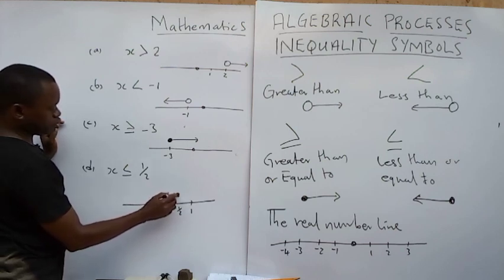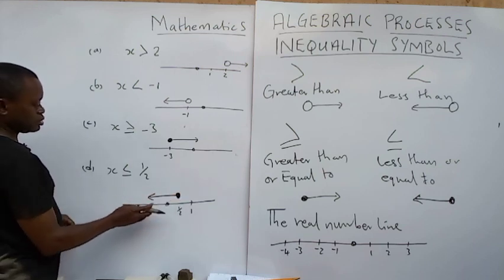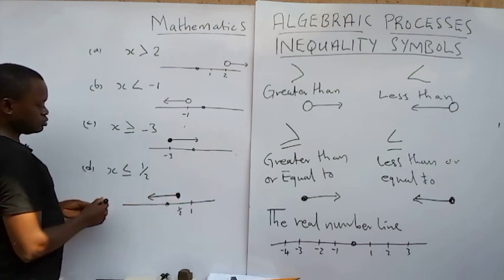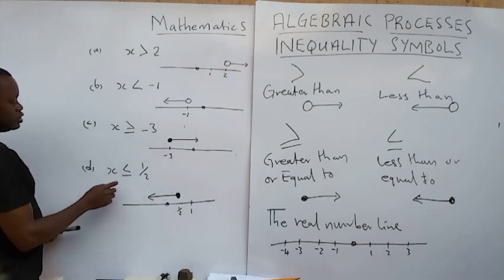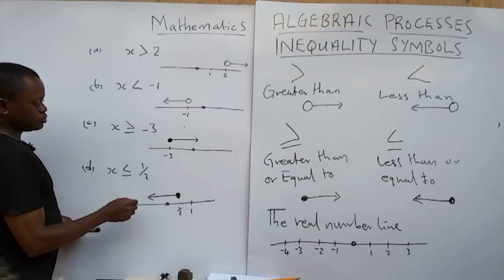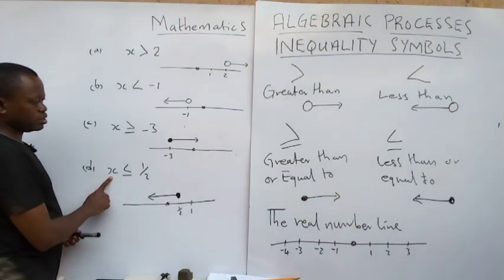The shaded base will indicate what we want to explain, and it will point in this direction. So any value that is less than half or equal to half will belong to the solution set of x.